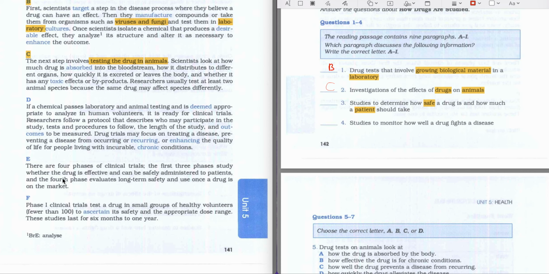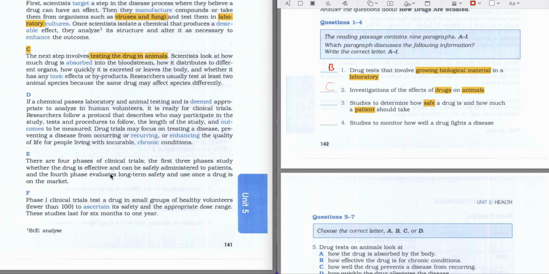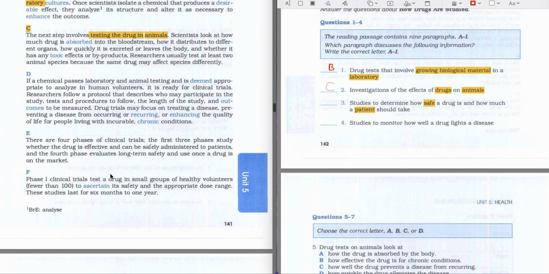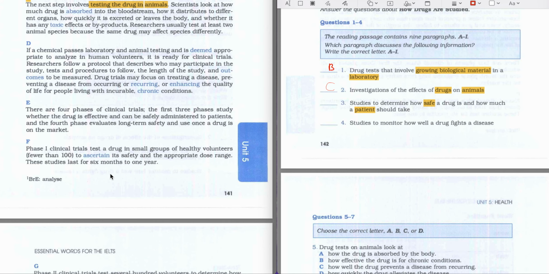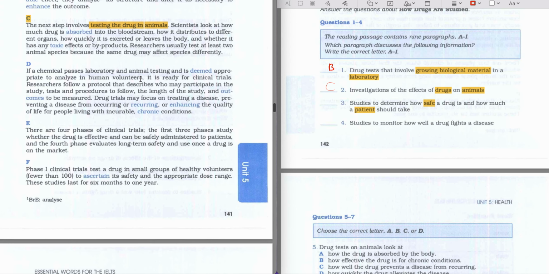So we can't see anything about it. So here, let's see here. We do not have anything about safety and about the patients. Let's scan further, and here there is information about volunteers.